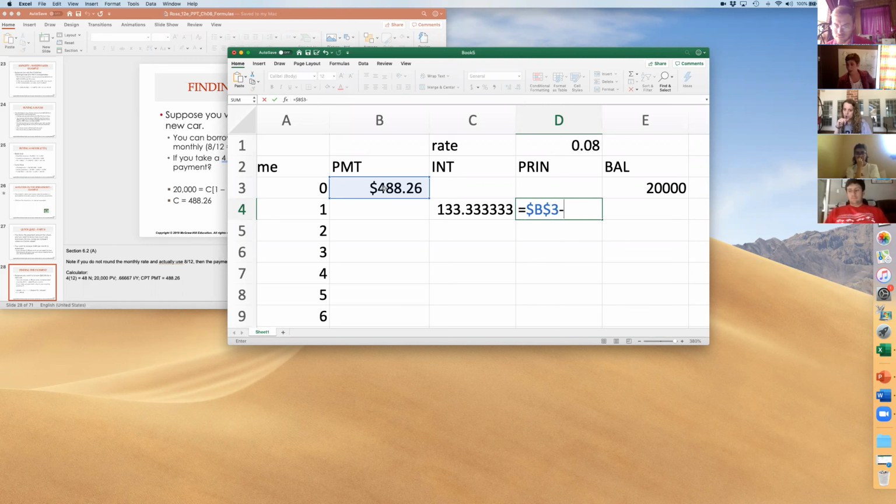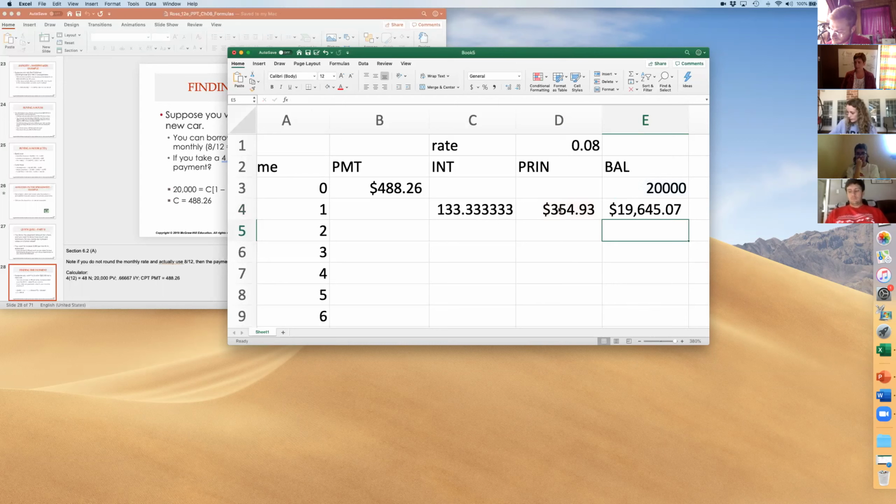And then I'm going to subtract from it the interest that I owe. That amount is going to go to principal. That's the amount of principal that's going to be paid down, which is $354.93. All right, so then the balance is going to be my previous balance, and I don't want to lock onto it because it's going to change every single month. And I'm going to subtract from that my principal.